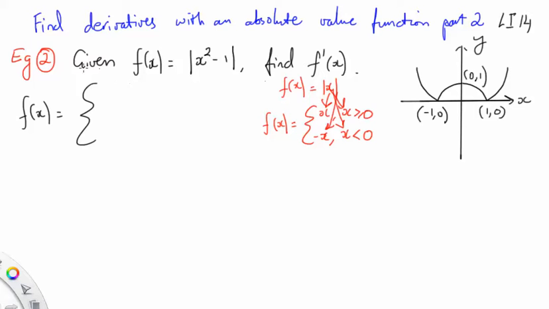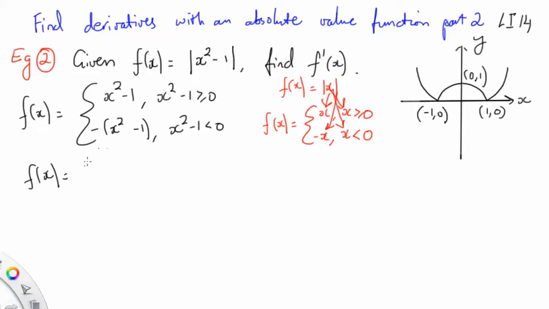It will give us x squared minus 1 when x squared minus 1 is greater than or equal to 0, or negative (x squared minus 1) when x squared minus 1 is less than 0.